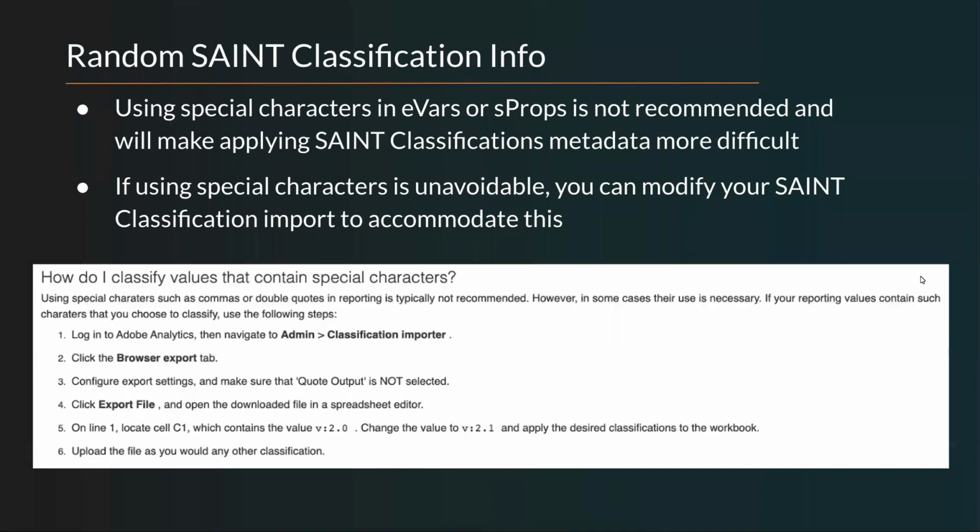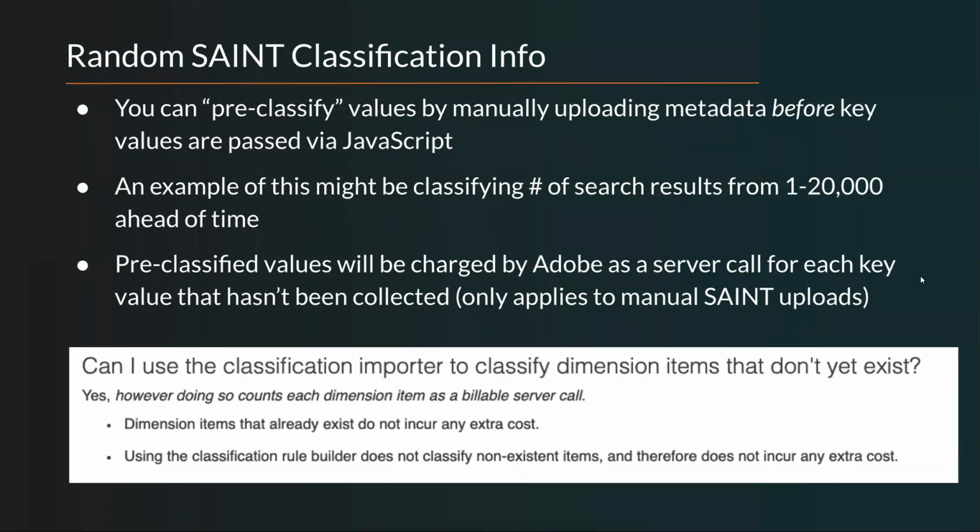So instead of using version 2.0, you can use version 2.1, and that will help you in some areas where you can't help having some of these special characters. You could read a lot more about that and talk to client care if you need some help with that.